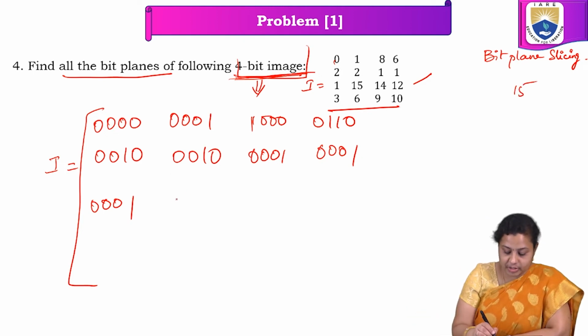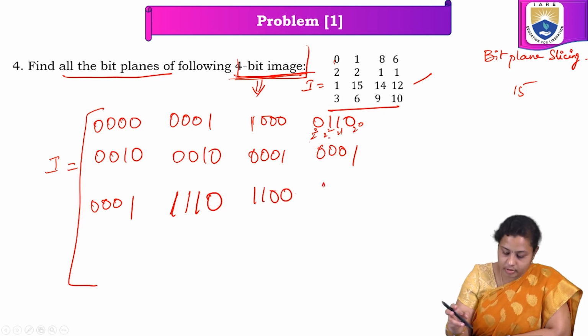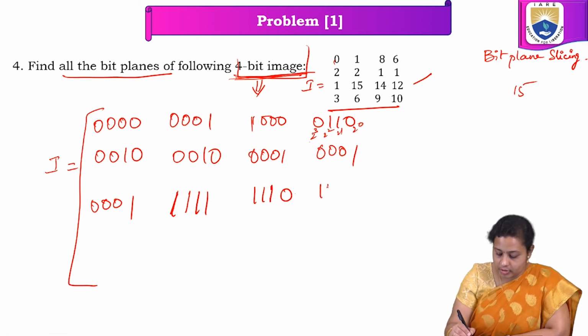These are 2 power 0, 2 power 1, 2 squared, 2 cubed. So how do we represent 12? It is 8 plus 4. And 15 is all ones.